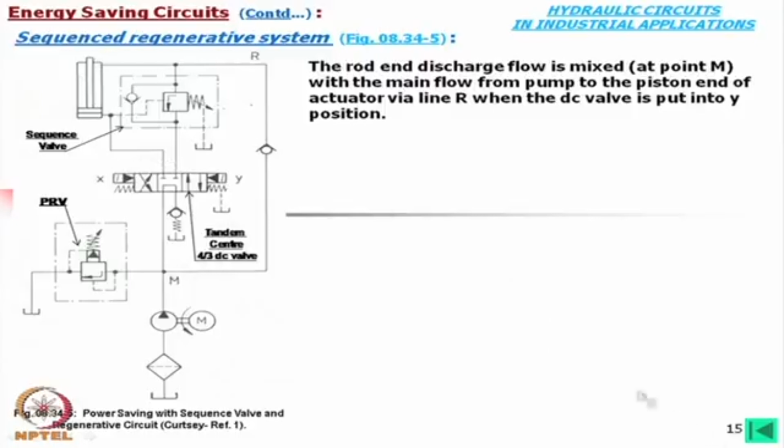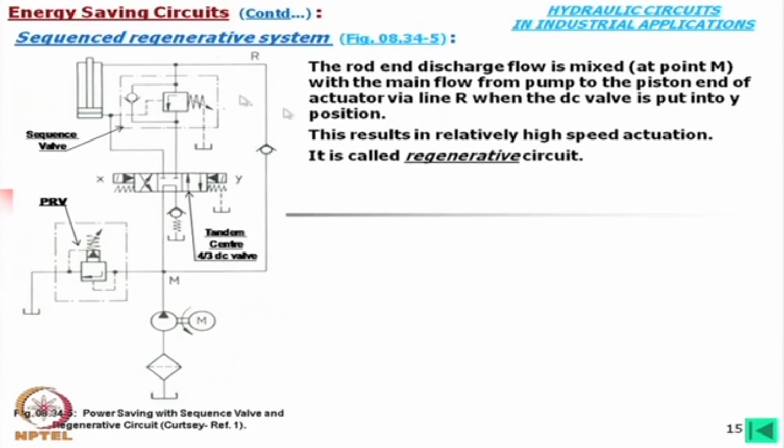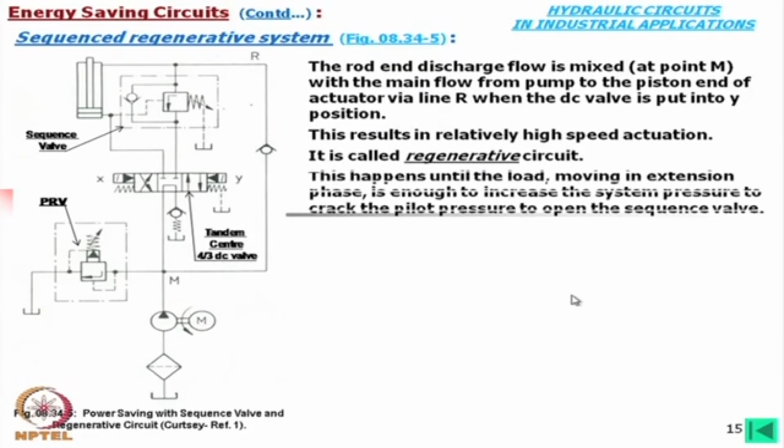It is possible in regeneration, and this sequence valve, this results in a relatively high speed actuation system. It is called regenerative circuit.